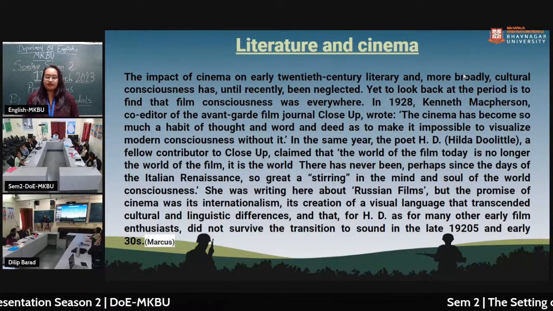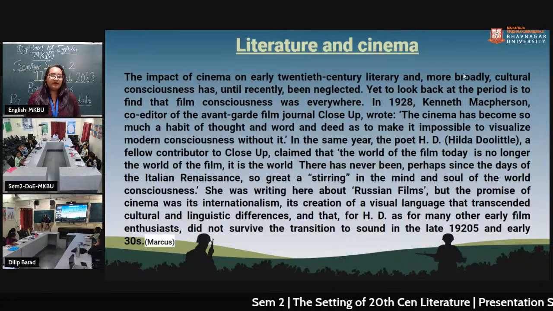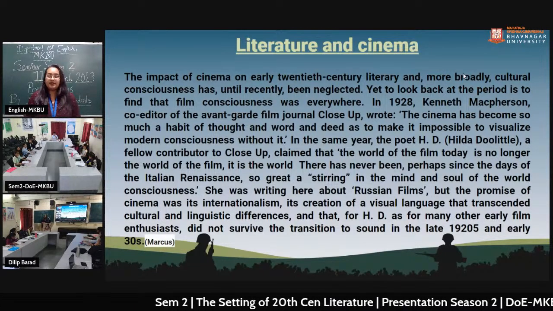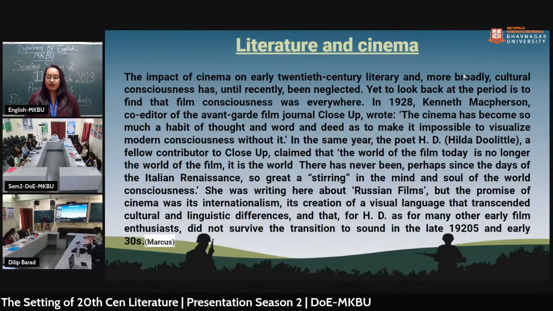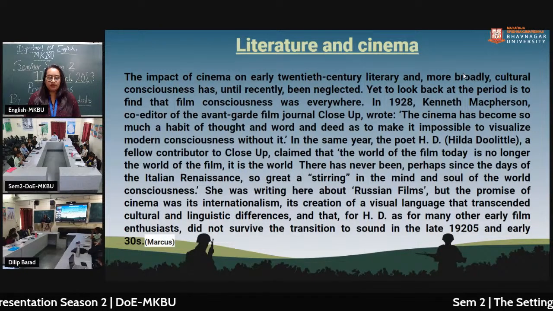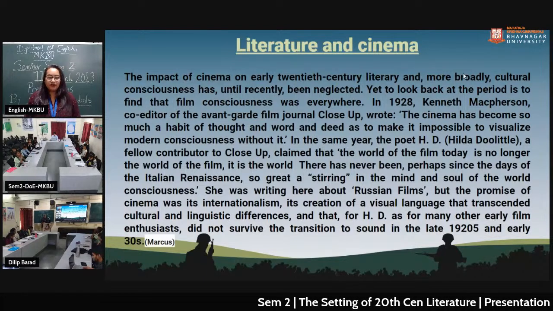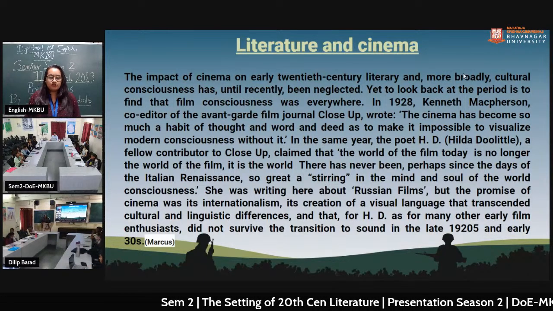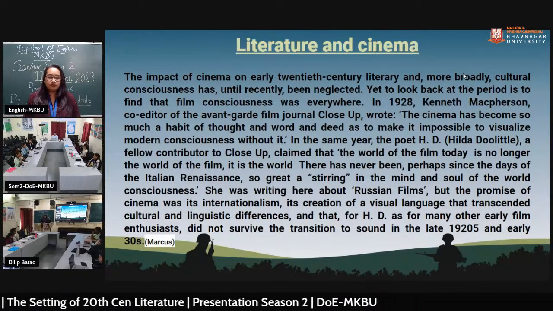In the same year, the poet H.D., Hilda Doolittle, a fellow contributor to Close Up, claimed that the world of the film today is no longer the world of the film. It is a world there has never been, perhaps, since the days of the Italian Renaissance, so great a stirring in the mind and soul of the world consciousness.